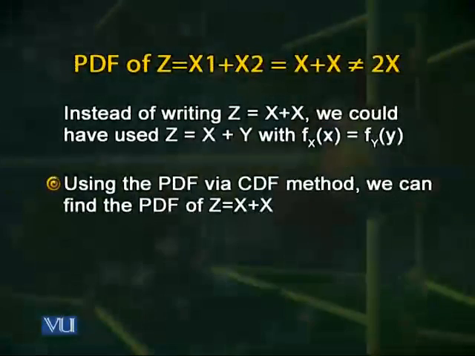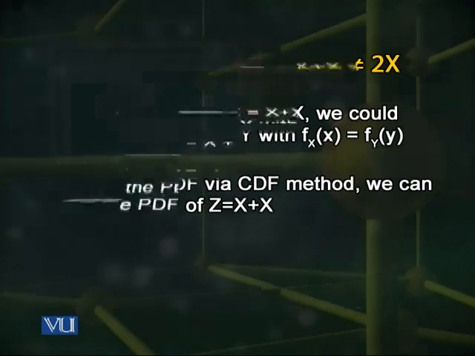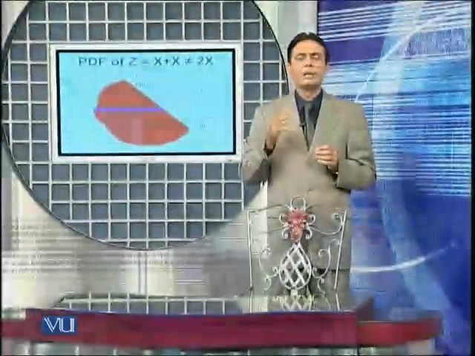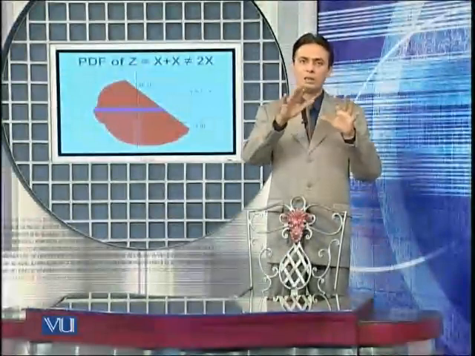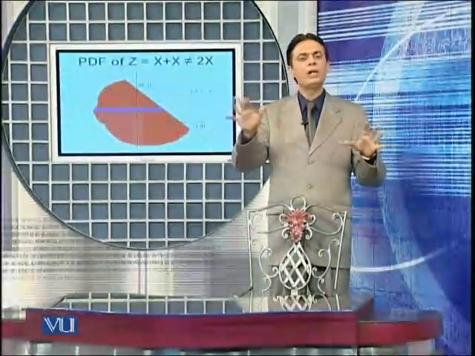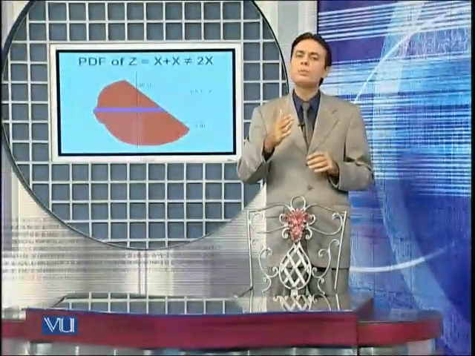And once we have found the CDF of z, we can find the PDF of z by differentiating it with respect to the parameter z. So we are going to find the CDF of z by integrating this joint PDF, which is defined over the whole plane, in an appropriate manner.